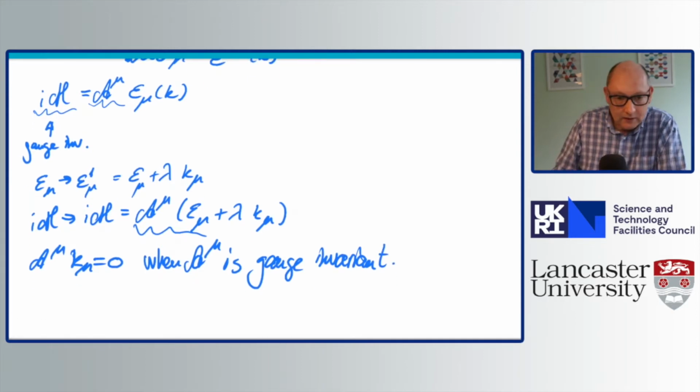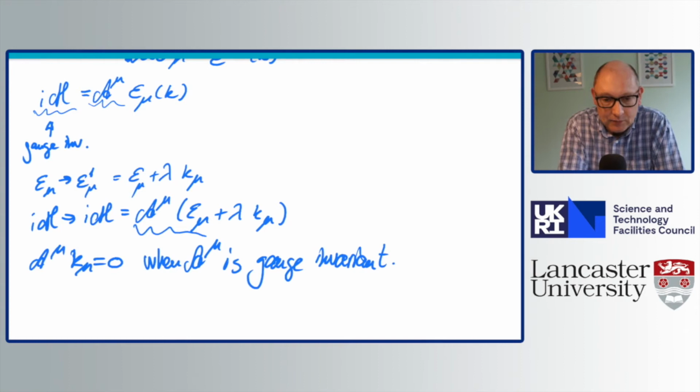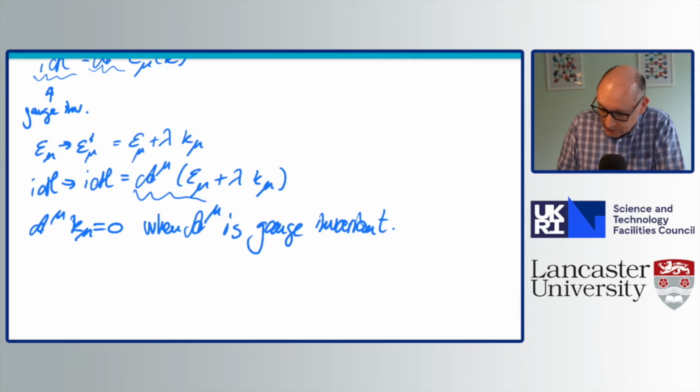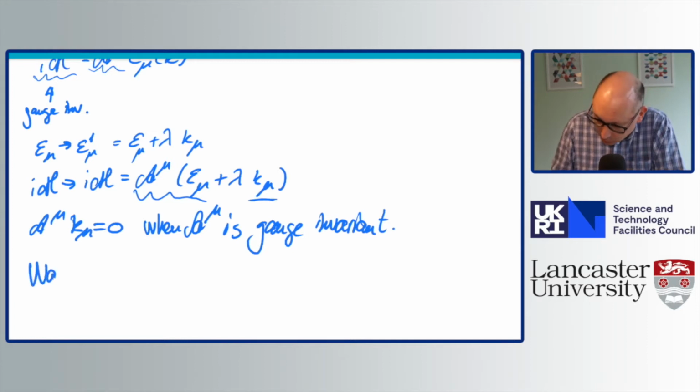So when we're calculating gauge invariant amplitudes, the part of the amplitude that doesn't have the photon polarization vectors contracted, when dotted with the photon wave vector k mu, must be 0. That's called a Ward identity.